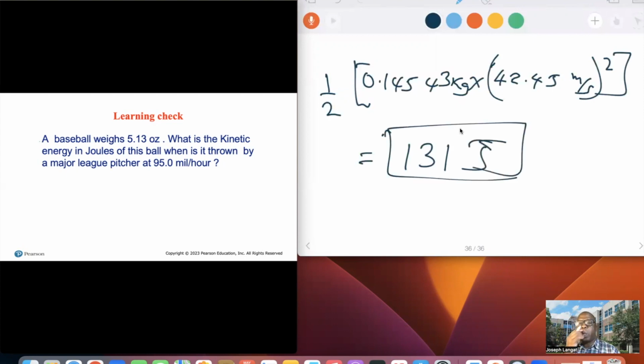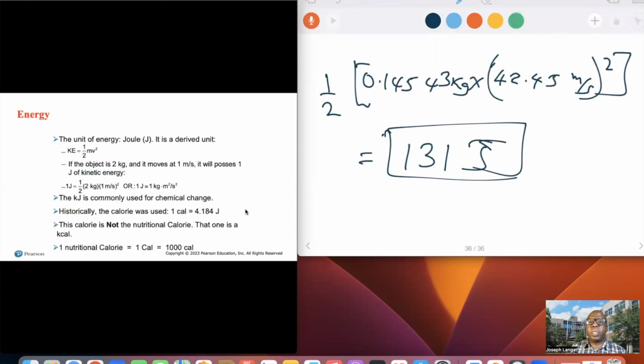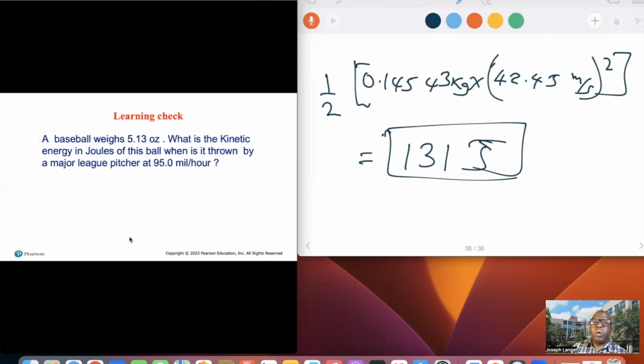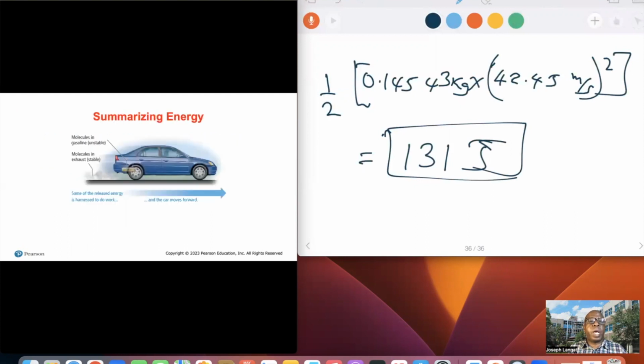This is 131 joules, using the kinetic energy equation to find the energy of the moving object. So in all other calculations, make sure you get the correct conversion factor, set up your equation, and you should be able to get the right answer.